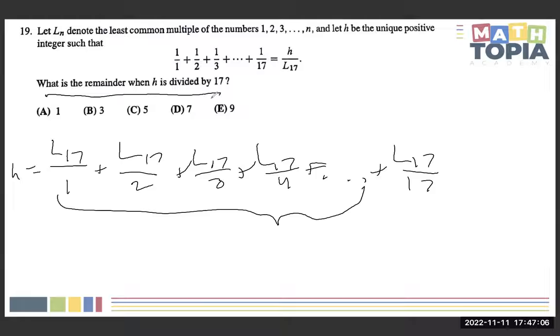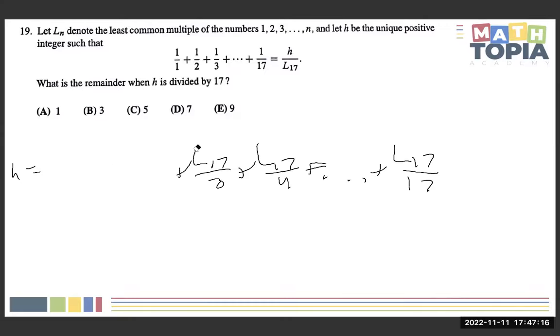The problem isn't asking for h. It's asking for the remainder when h is divided by 17. These terms are all integers that are 0 in mod 17, so we don't need them. We're just looking for this in mod 17.